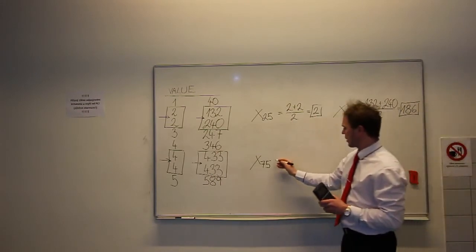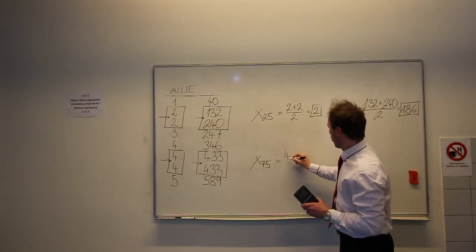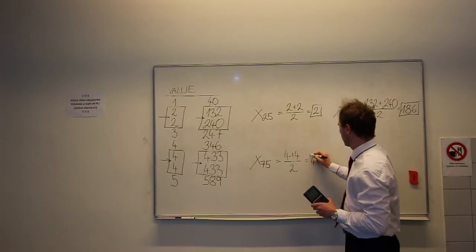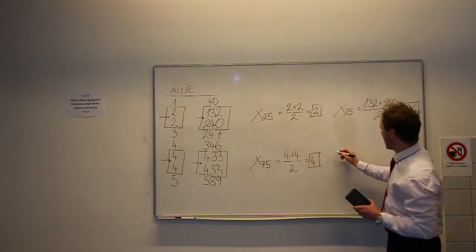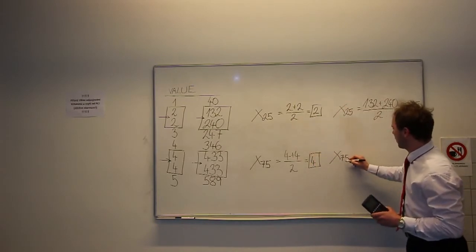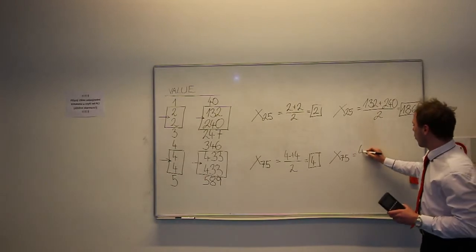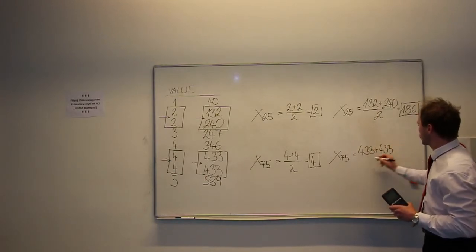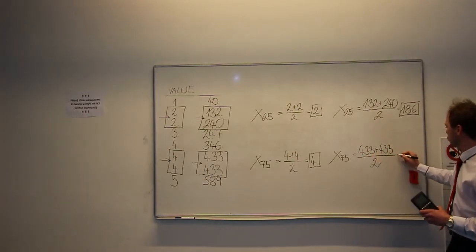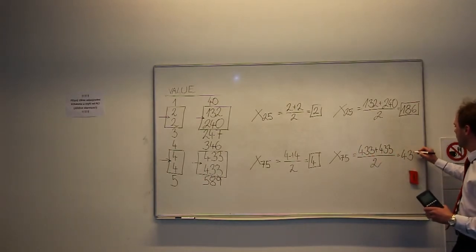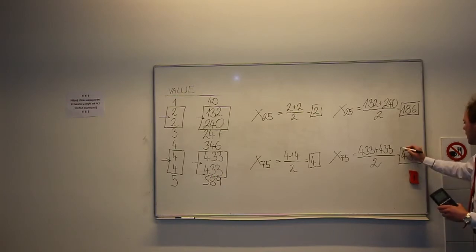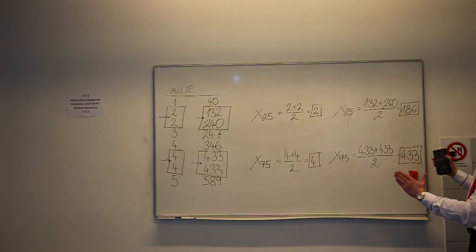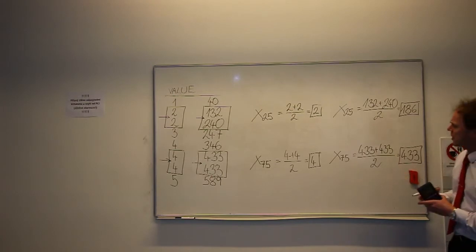And the third quartile, 4 plus 4 divided by 2, is equal to 4, and here x75, 433 plus 433 divided by 2, is 433. So we have these quartiles.